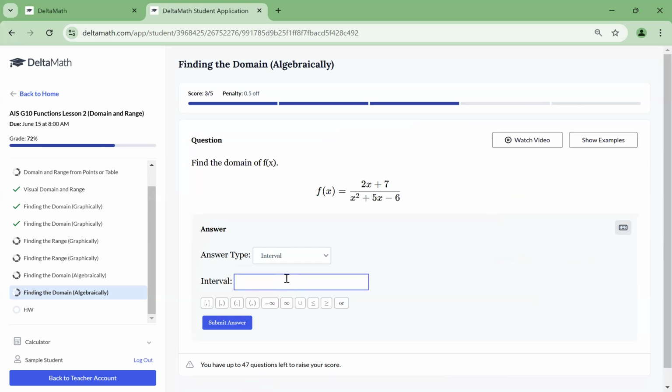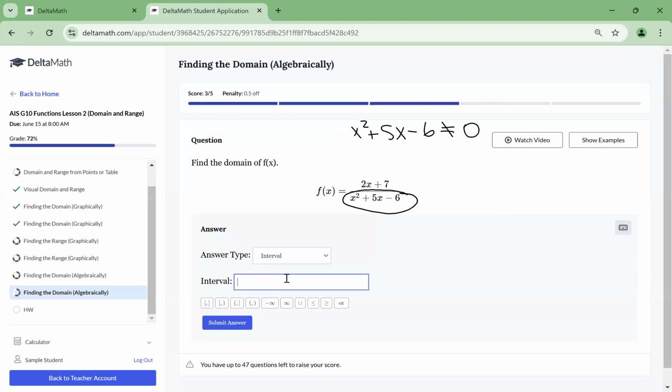So finally, we have a rational function. So we said that for a rational function where we have a fraction, the denominator cannot be 0. So this is written as x squared plus 5x minus 6 is not equal to 0. And we're going to factorize this.